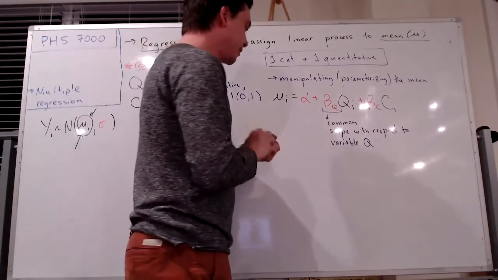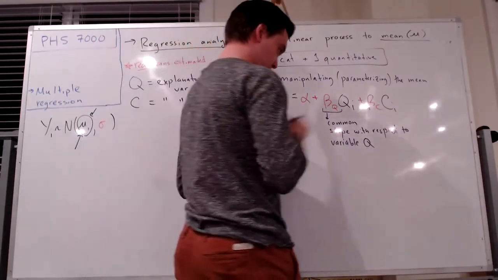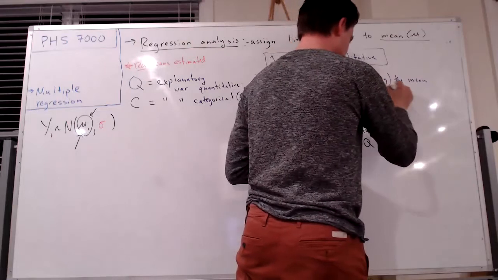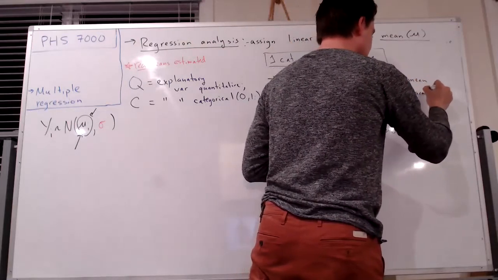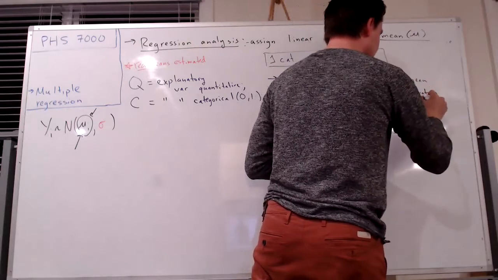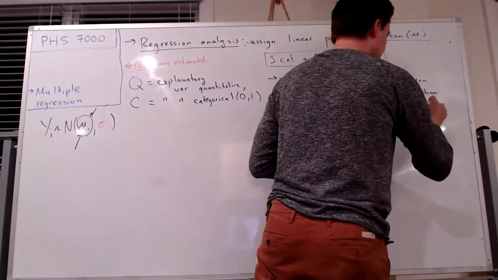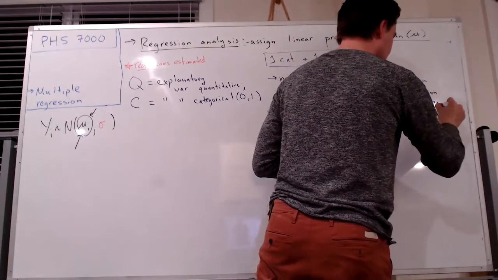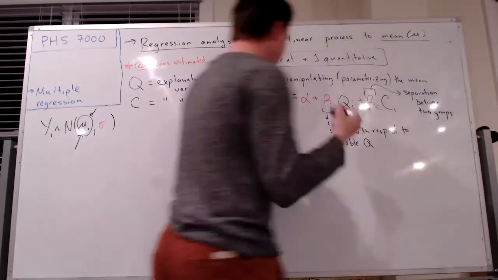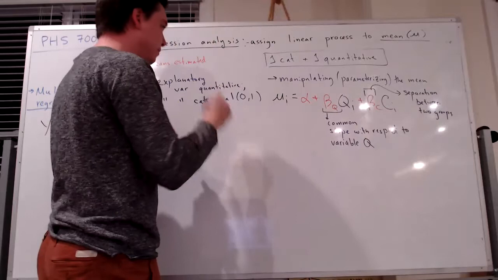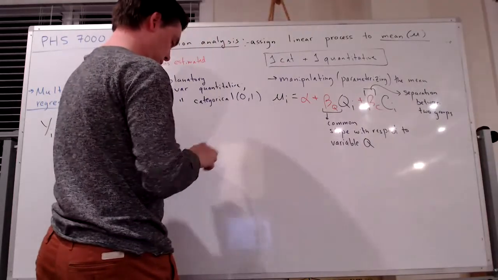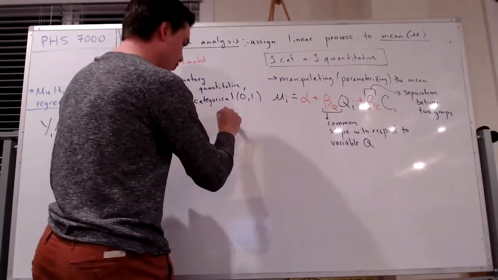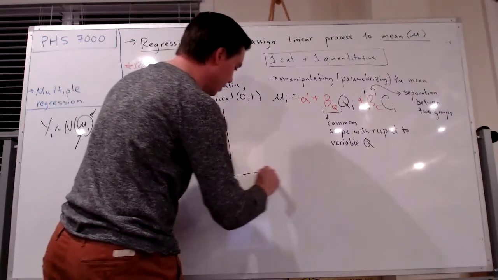And what we're thinking about here is this is a separation between the 2 groups. So what we're going to have is 2 parallel regression lines.